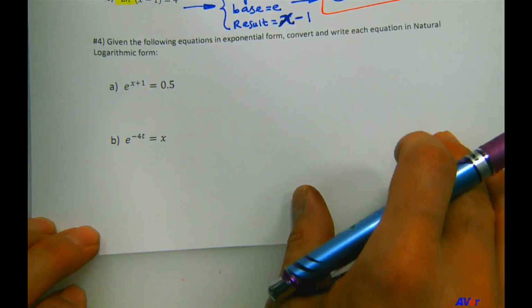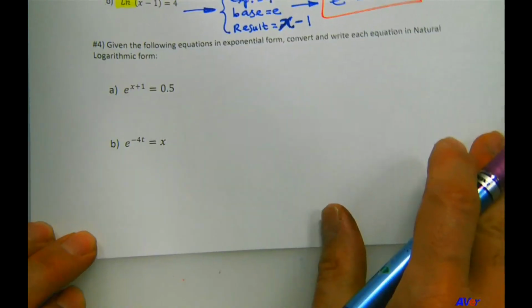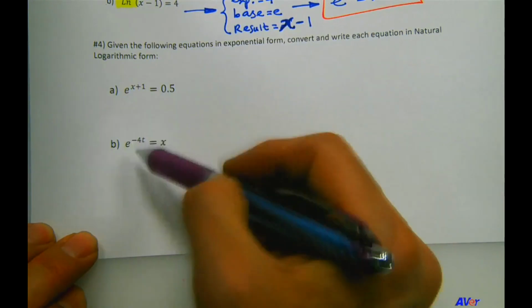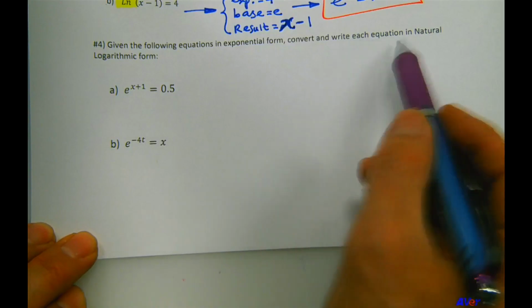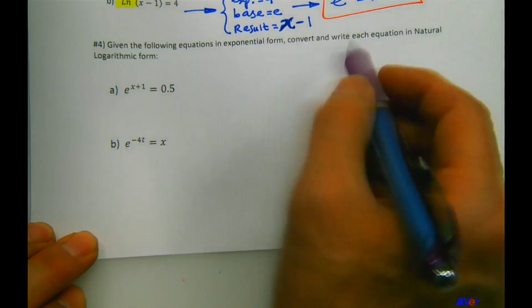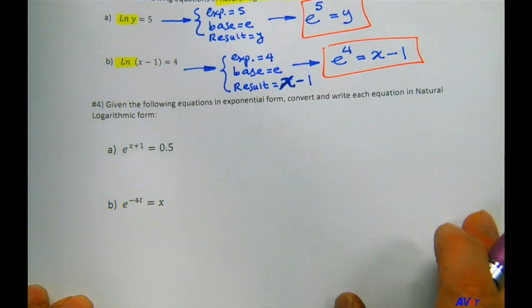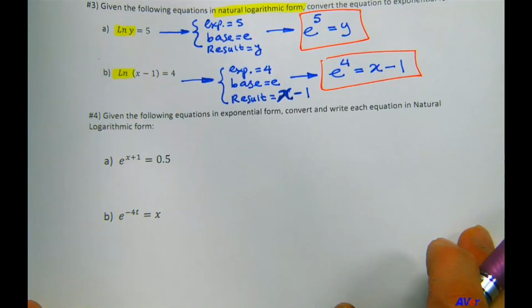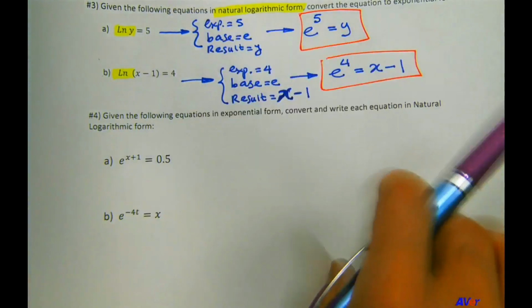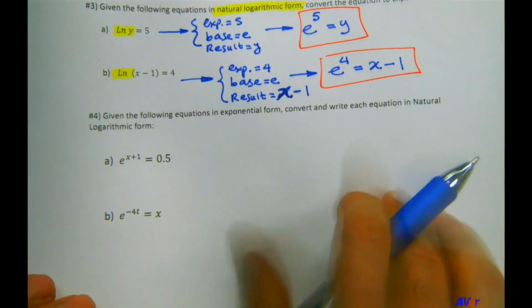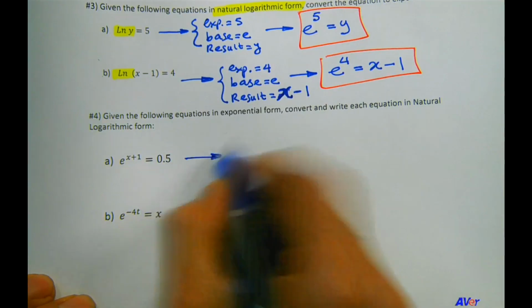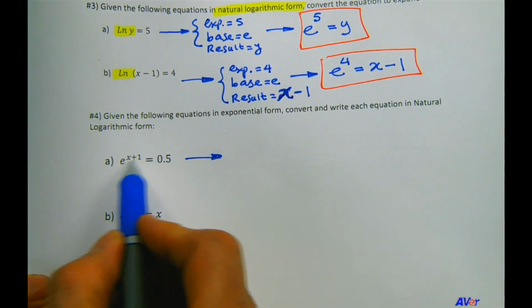Okay, number 4, it says, given the following equation in exponential form, convert and write each equation in natural logarithmic form. So this is the opposite of what we did in problem number 3. Okay, so we know that the exponent here is x plus 1, right?